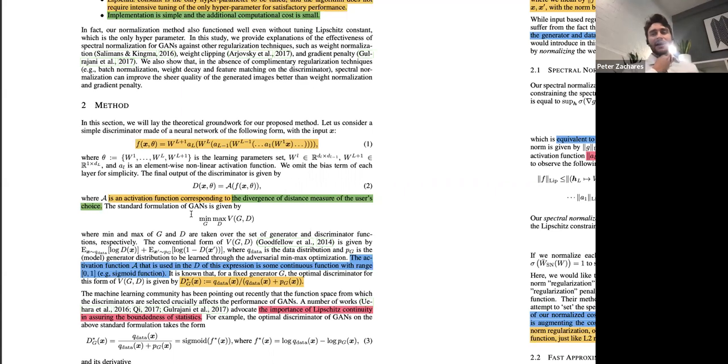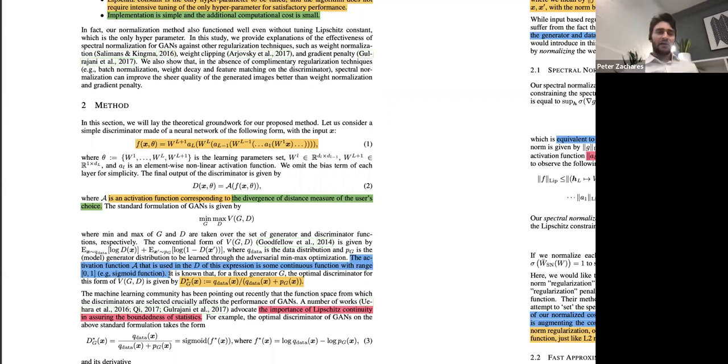If anyone else read this paper in more depth, this was really confusing to me, because a distance measure is something between two things, and the divergence of a distance measure is a measure between two things, and this function only takes one thing in as an input. So I didn't understand how it could be the divergence of a distance metric.